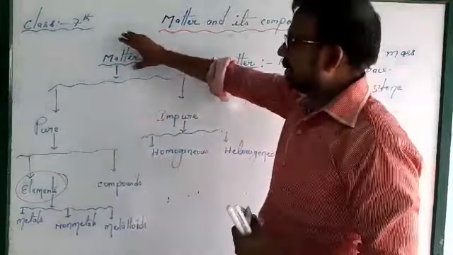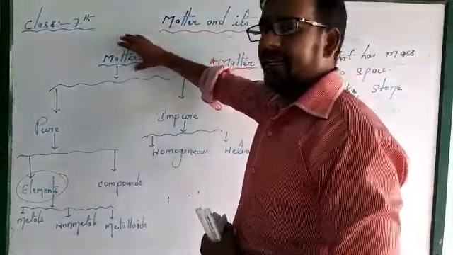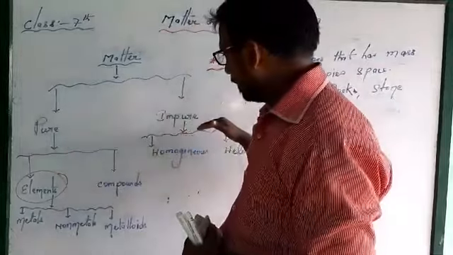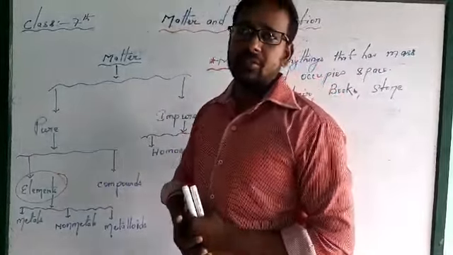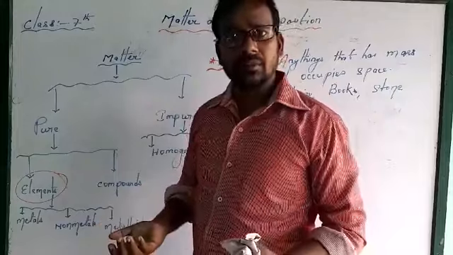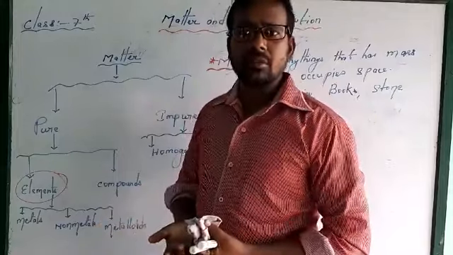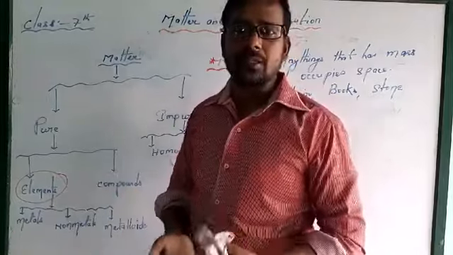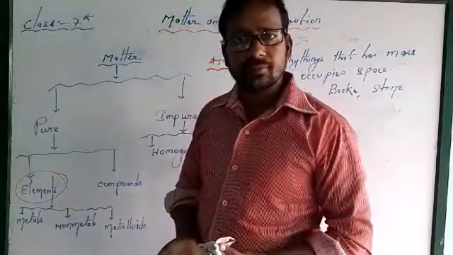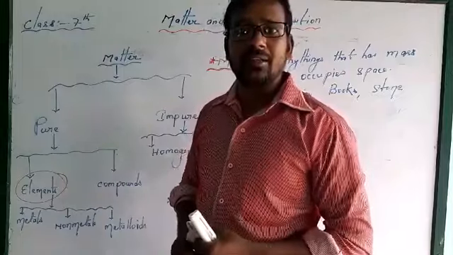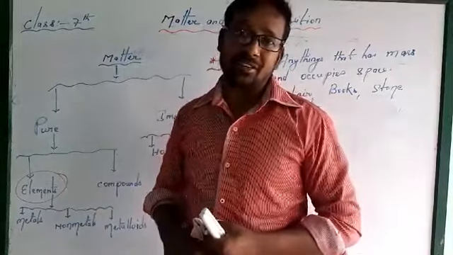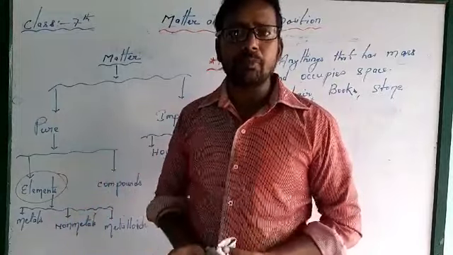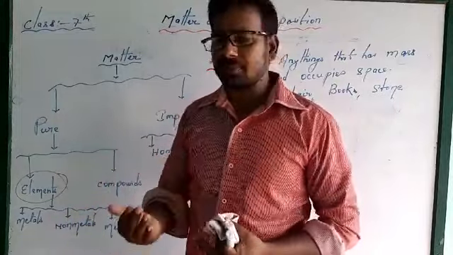Now, matter is classified into two parts: pure and impure. Impure does not mean that it is undesirable; it can be desirable also. Suppose you are having cooked rice and cooked pulses, that is a mixture. But when you add water to milk, that is also a mixture, but the water will be undesirable, so it is called an impure substance because water is mixed.